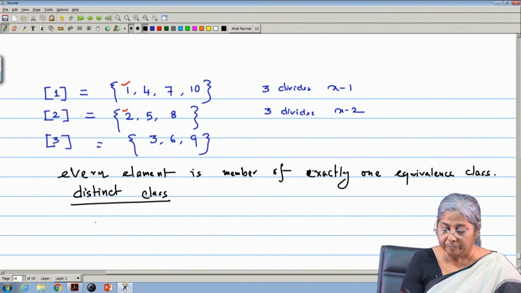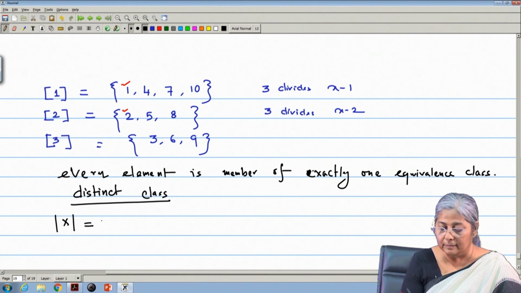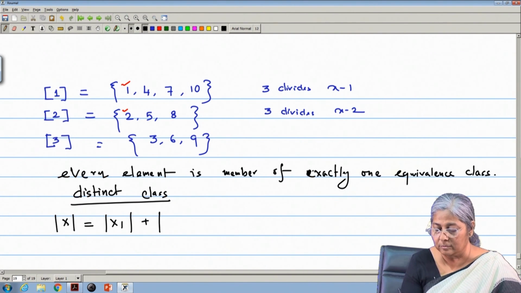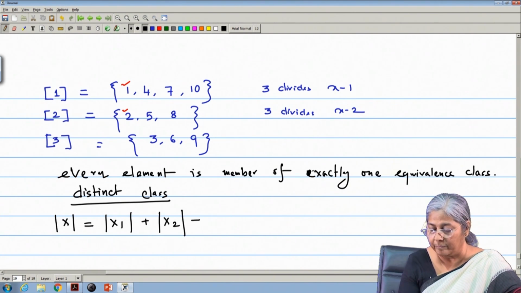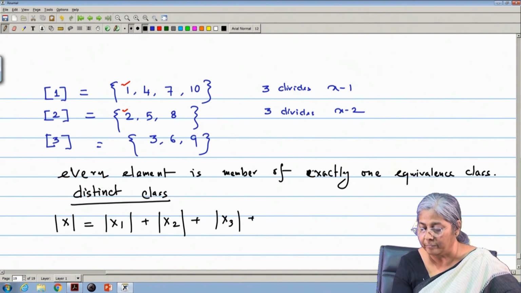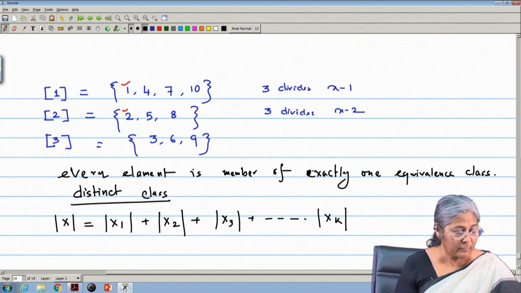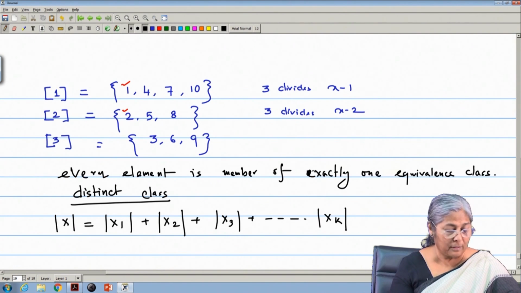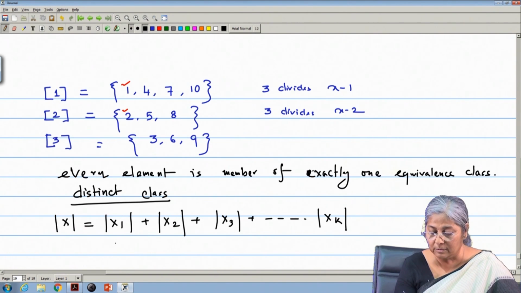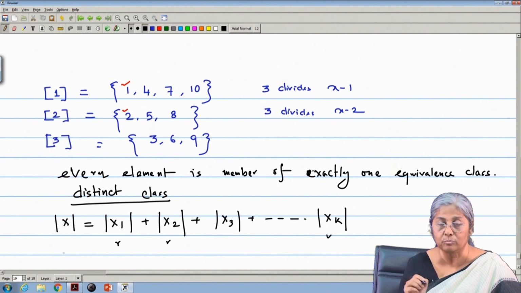So, I can write that if X1, X2, and so on are my classes, and if there are k such equivalence classes, then these will be Xk, and if all are considered, then actually these are the k classes covering all the elements.